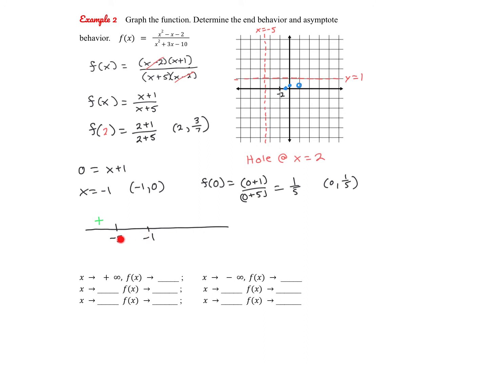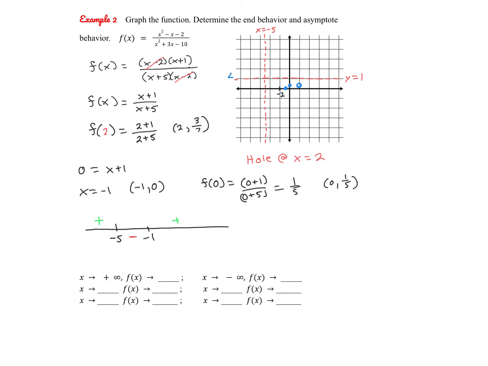And then here, let's imagine I plugged in -2. Our numerator would be negative, our denominator would be positive, giving us a negative. And here, let's imagine I plugged in 3. Our numerator is positive, our denominator is positive, our resulting sign is positive. So our graph is going to be positive to the left of -5.